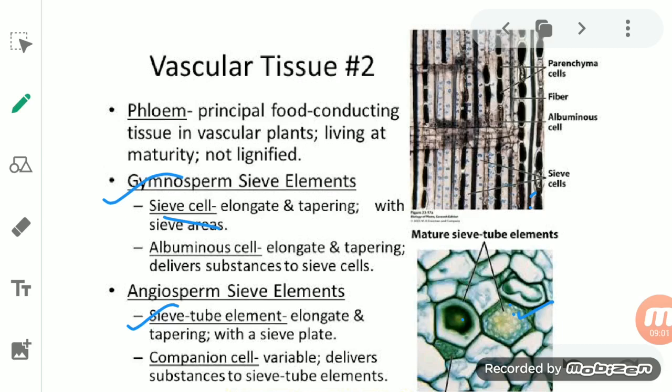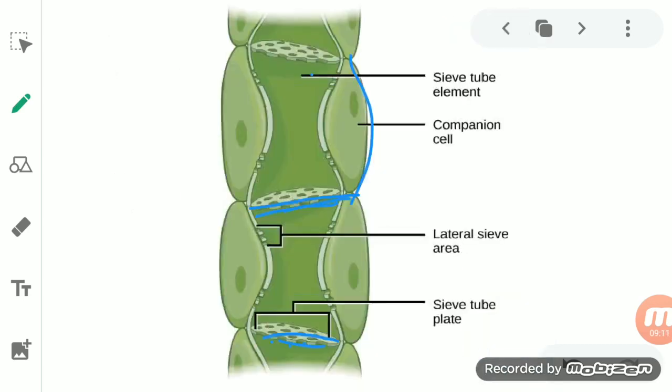Now, if the perforation is all over, then the movement of substances will be easy as compared to the sieve cells. See students, suppose this is the perforated plate, and these are the openings. Food gets distributed, it comes from here and moves in the downward or upward direction with the help of these openings, that is, the sieve plates.